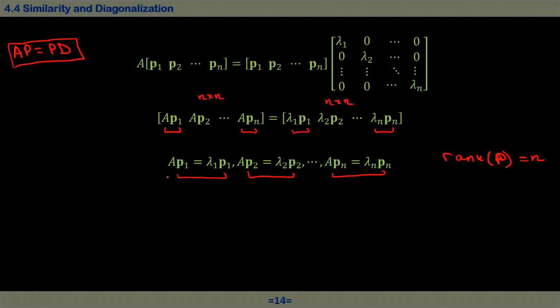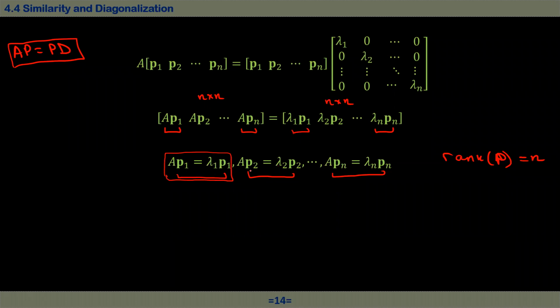And also, if you just look at what we have here, A times P1 equals lambda 1 times P1. That means that P1 is an eigenvector of matrix A, right? With respect to this lambda 1. And also, P2 is another eigenvector of A, with respect to this lambda 2, right?